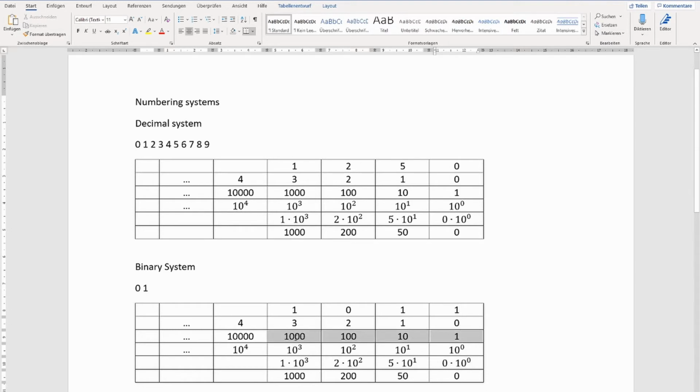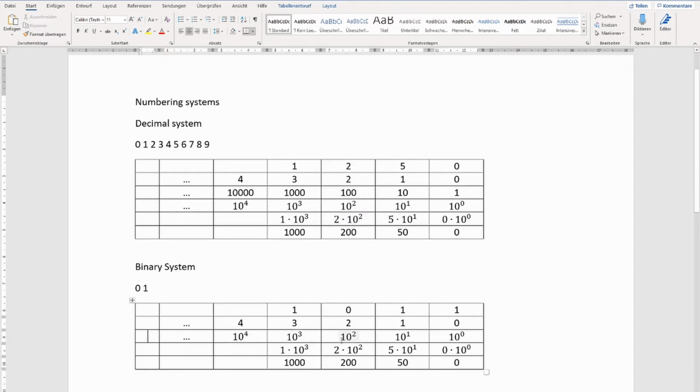And here, I will delete this now. And here, it's not 10 raised by the power, it's 2. Yeah? Because we do not count 10 symbols, we only count 2 symbols.